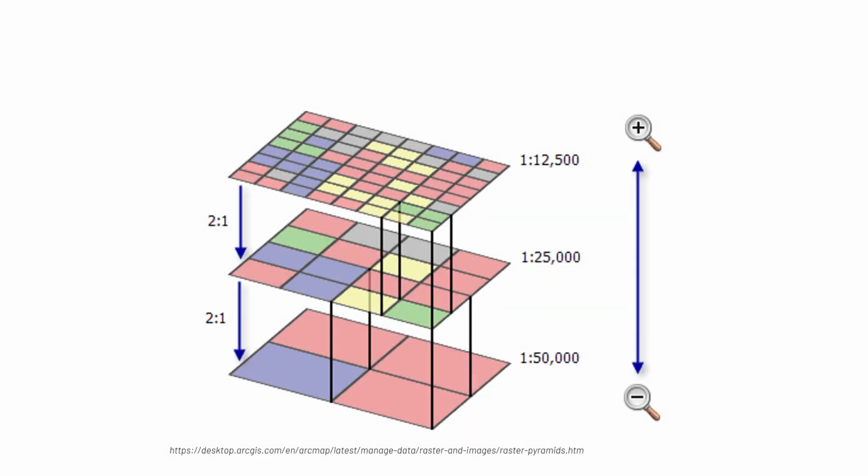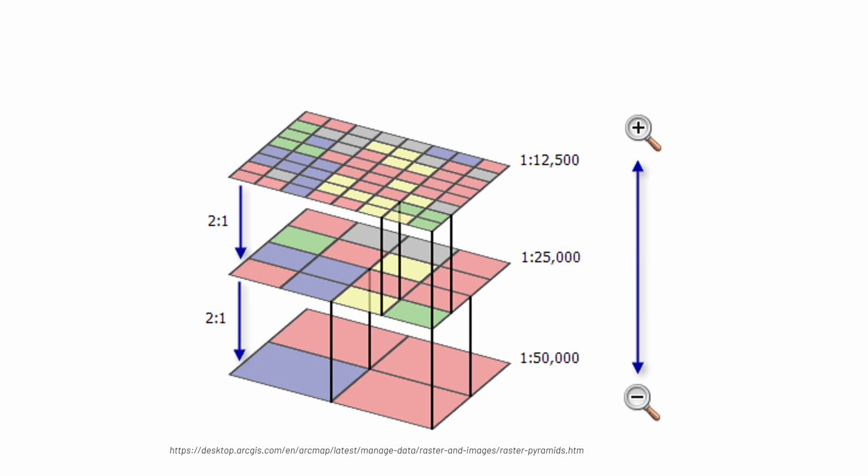So what exactly are pyramids? Well, when you look at raster data, particularly if it's very large, you're unable to see all of the details that are actually there, and it takes a lot of energy and time trying to get your machine to show every single pixel. So what ArcGIS Pro does is it creates lower resolution versions of your data, and it will show you the lower resolution depending on what zoom level you're currently on.